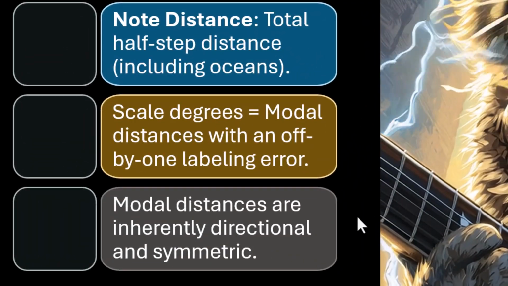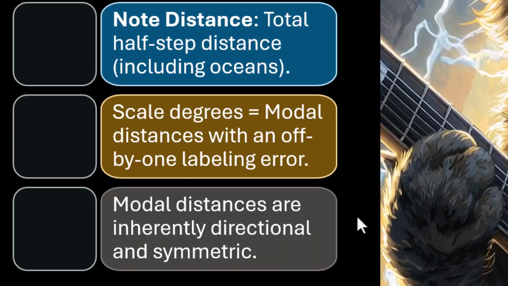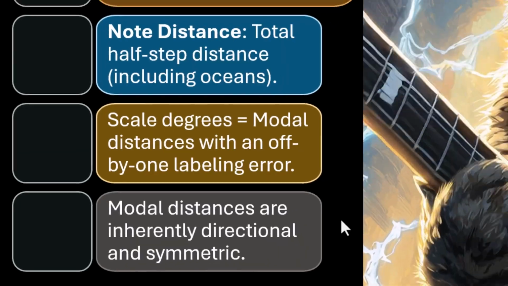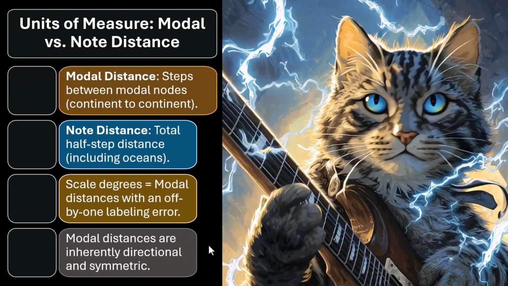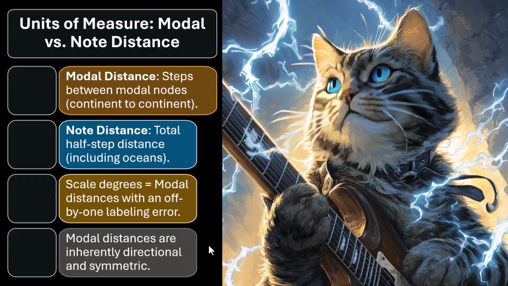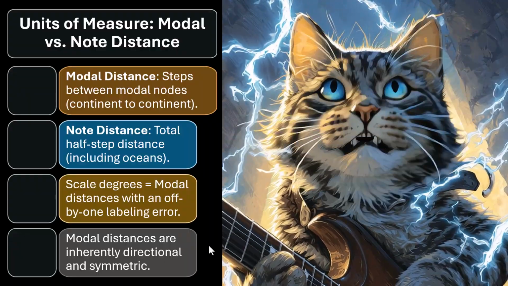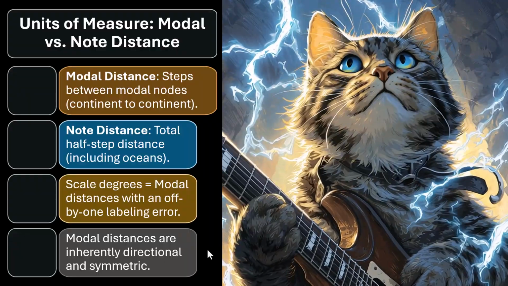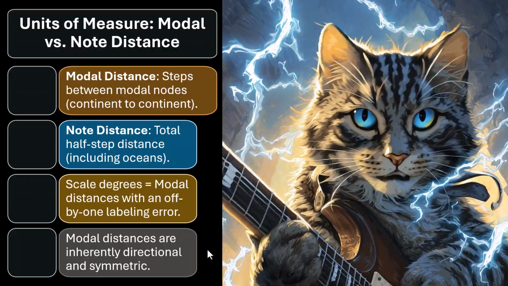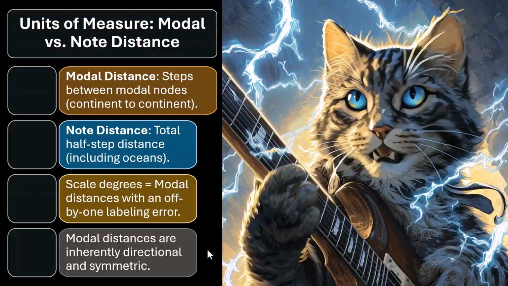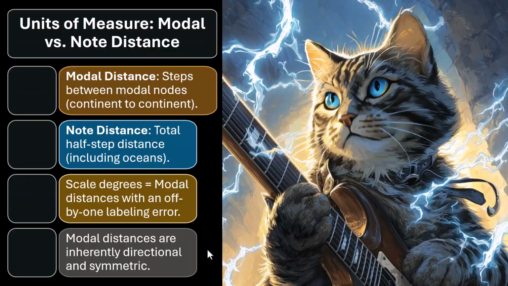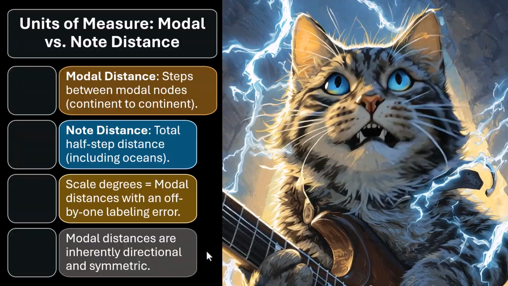So we will bridge the gap and we'll learn to use the tools that we have as efficiently as possible, as well as possibly introduce more efficient naming conventions. So modal distances are inherently directional and symmetric. If you were to build it from scratch, having all the tools you have today, people would build something like a modal distance.